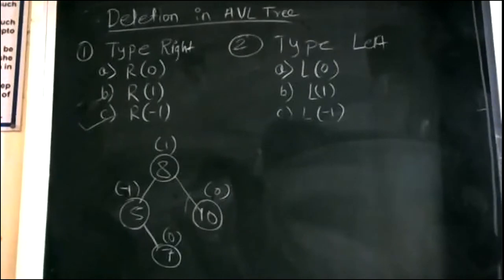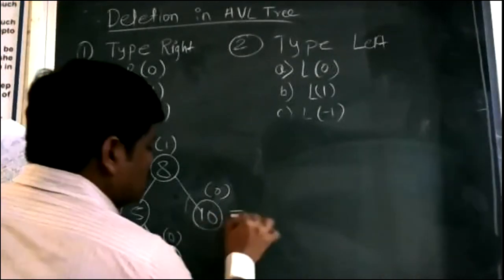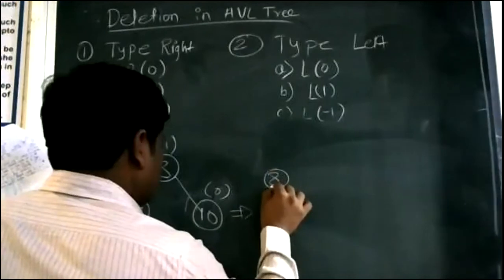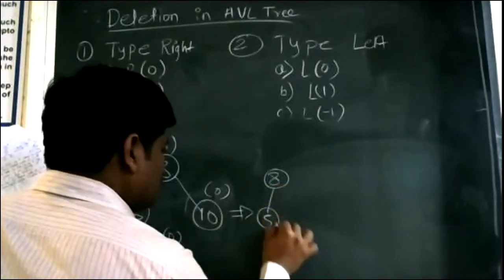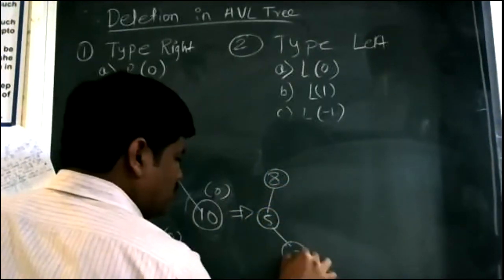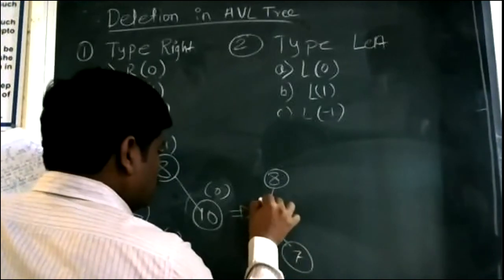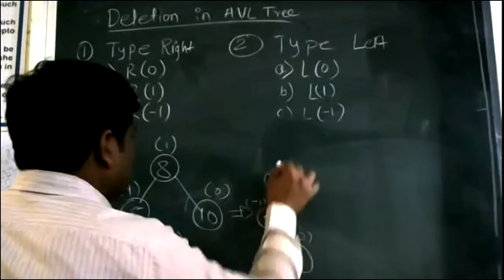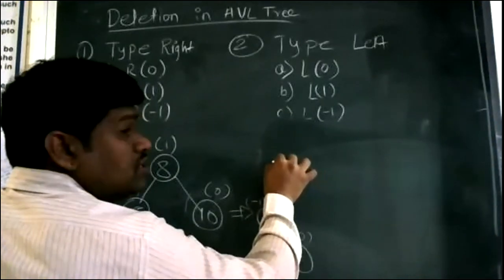Now delete the 10, the right side element. Now how to delete? After deletion of this 10, what will be the tree? 8, 5 and 7. Now here -1, 0, and here is the 2.